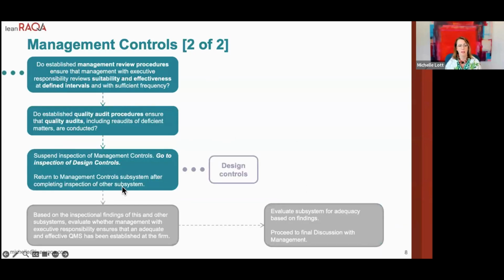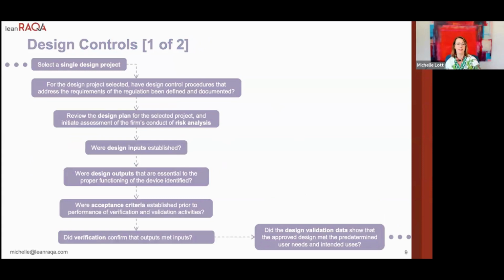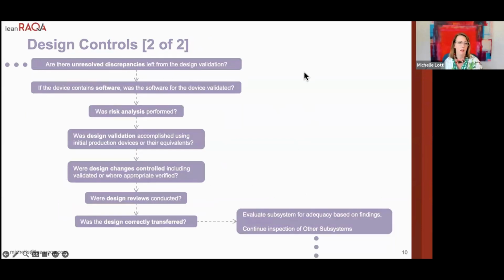And the best part is it stops at one point in the checklist and it says, now take all of this information that you gathered in this section, say this one's management controls, and now go look at design controls and see if you see what you expect to in that design controls area, and the objective evidence about how these should be linked.